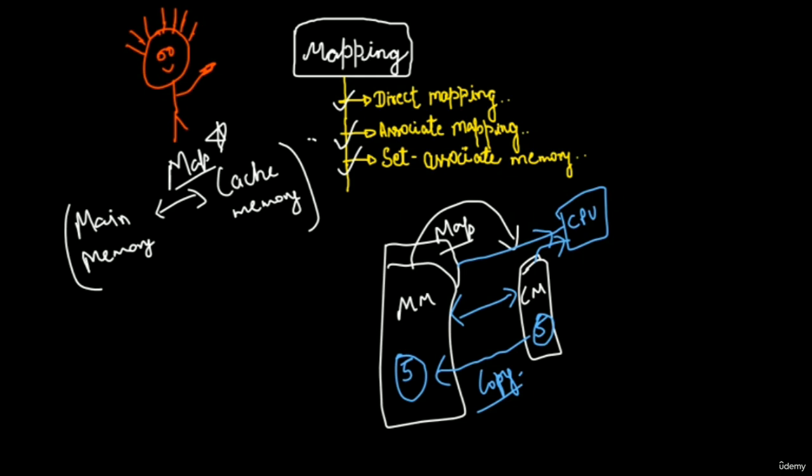If there is a hit, meaning you have found the address in the cache, it accepts it. But if it misses, it goes to the main memory and looks for where the data is, where the actual address is. That's the complete story.